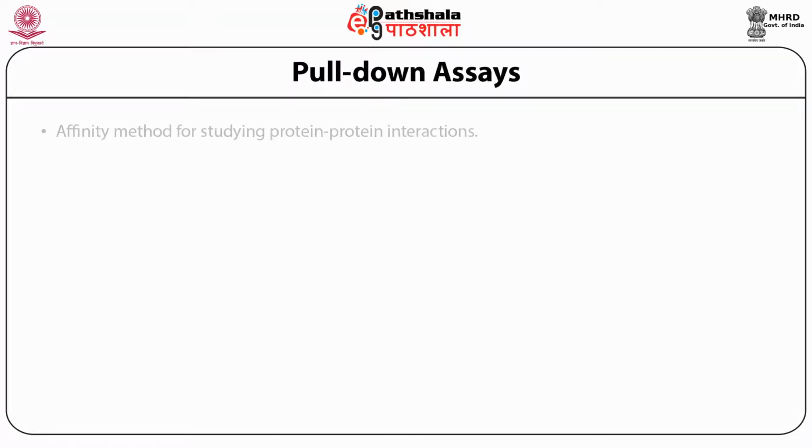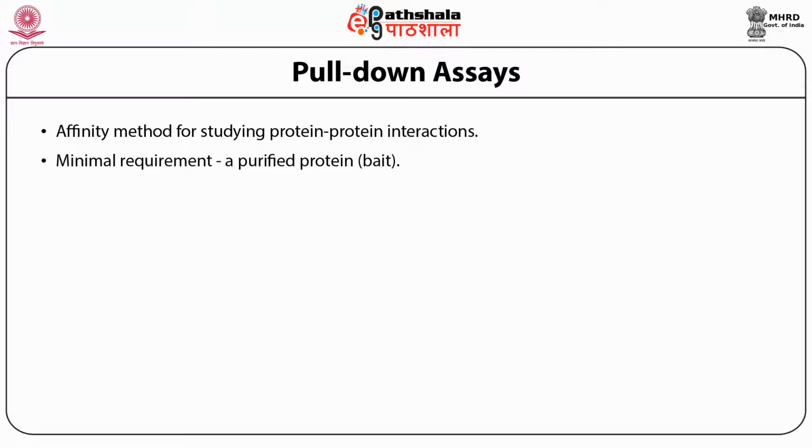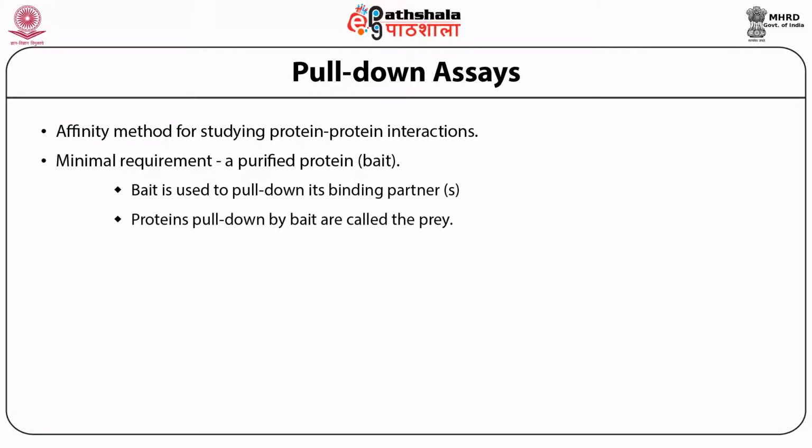Pull-down assays are affinity methods commonly applied for analysis of protein interaction, specifically protein-protein complexes. To begin a pull-down assay, a purified protein is essentially required. This purified protein is known as bait. It is used to pull down its interacting protein in the sample. Interacting protein or proteins are commonly termed prey.